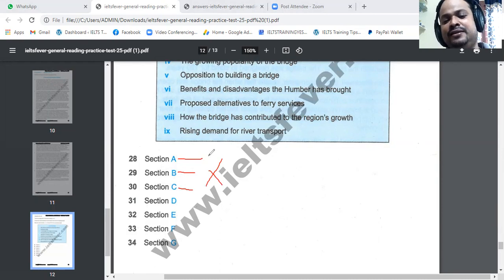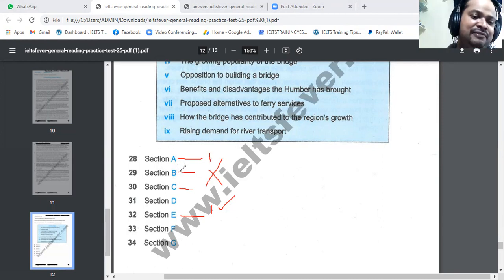If you get this answer correct, you'll be getting 1 mark. And if you get this answer correct, you'll be getting 1 mark. If you do this first, you'll be getting the same 1 mark. If you do this one, you'll be getting the same mark. So there is no difference here. So you have to save time.